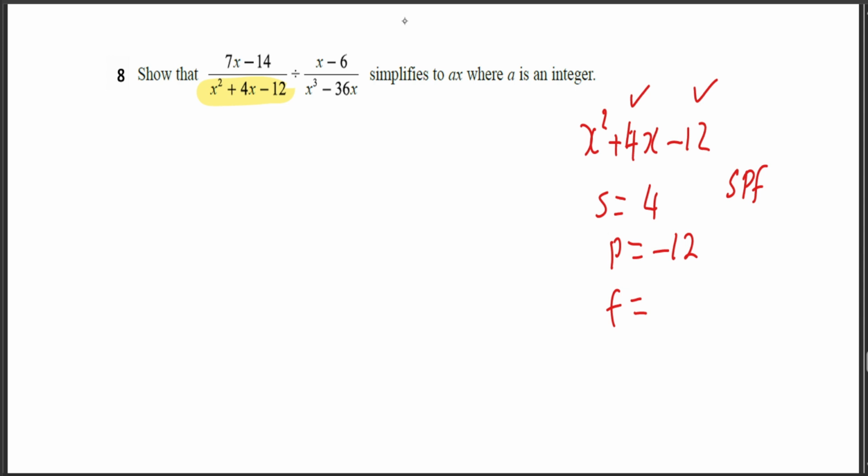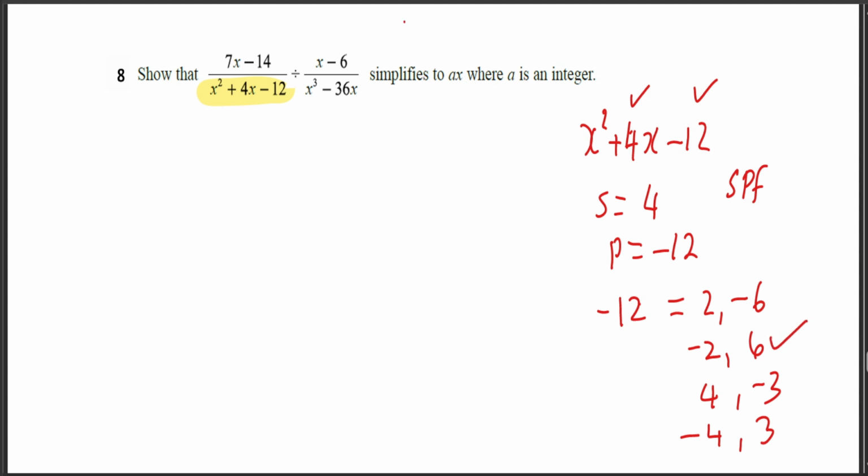Basically, you find the combinations of negative 12. There are many combinations, obviously. We have 2, negative 6. We have negative 2 and 6. We have 4 and negative 3, negative 4, 3. Now, which one of them can be added to give you 4? And that is negative 2 and 6.